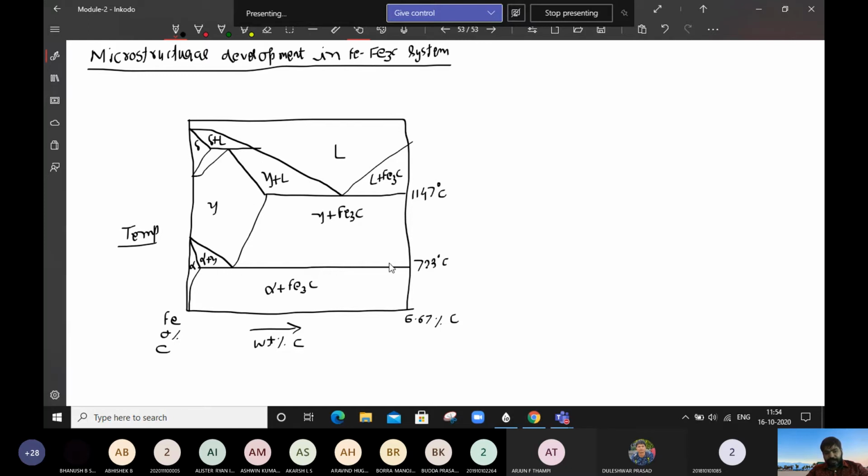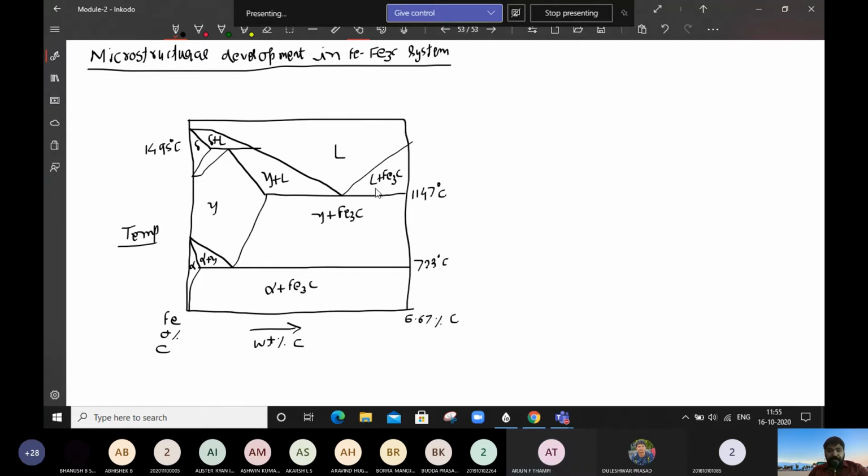The eutectoid reaction temperature is 723 degrees Celsius, the eutectic temperature is 1147 degrees Celsius, and for the peritectic, can anybody tell what temperature this reaction takes place at? 1495 degrees Celsius. Correct.